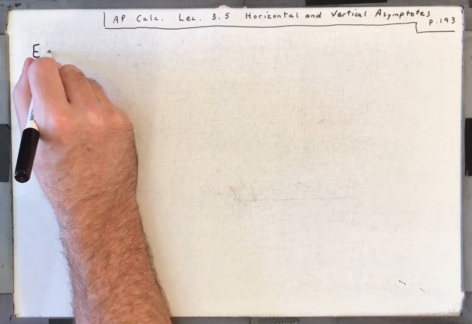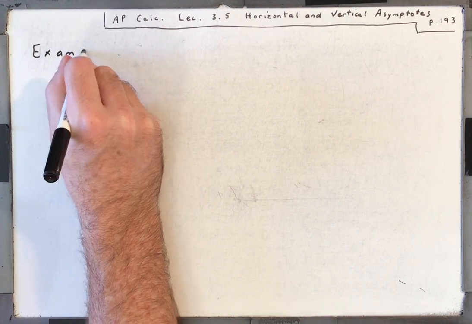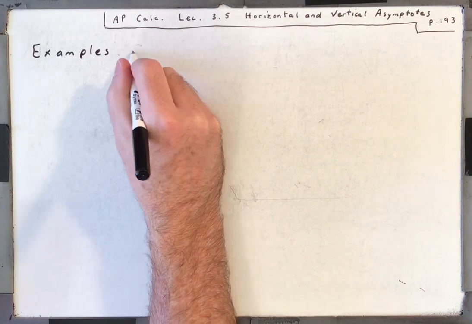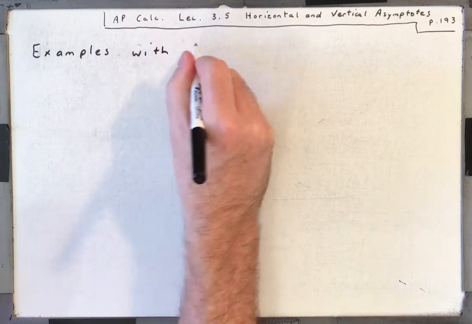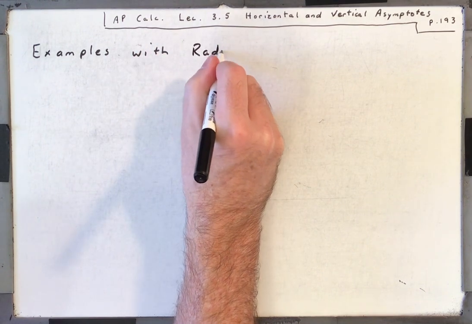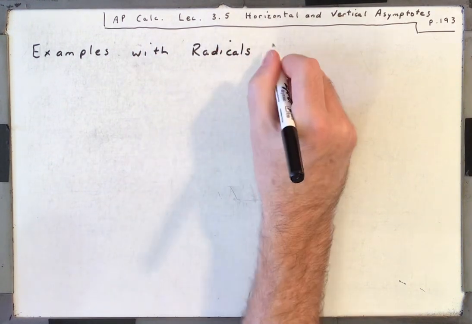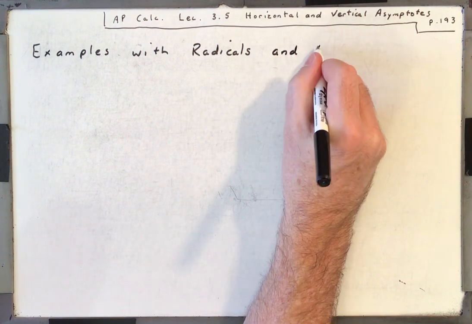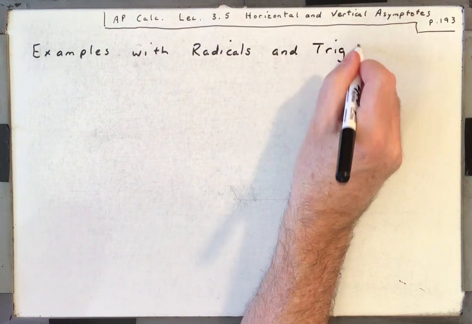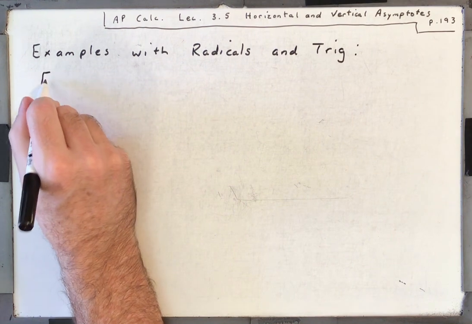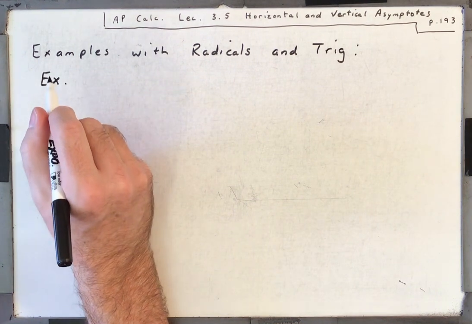All right, let's do some examples from the book. So let's call this examples with radicals and trig. So I'm coming from the book on these.